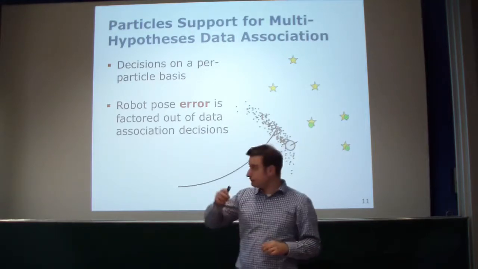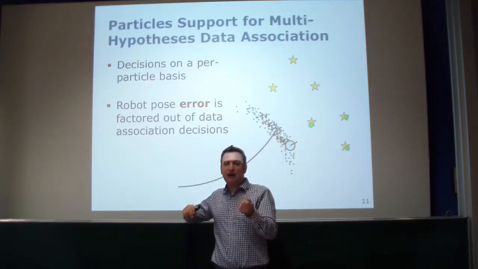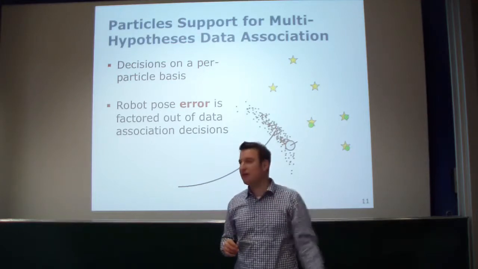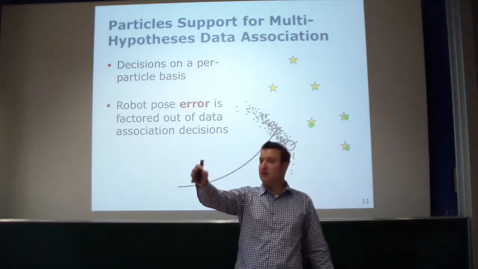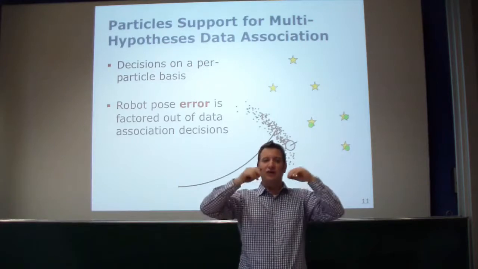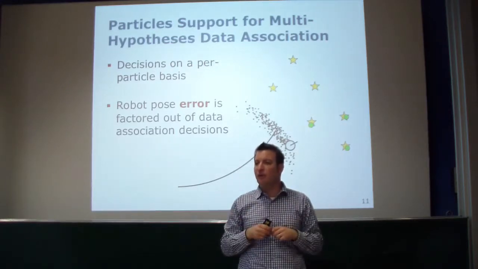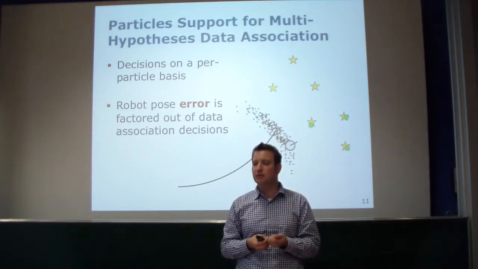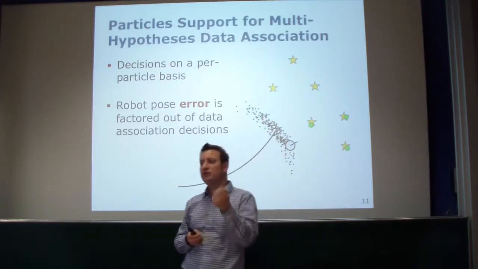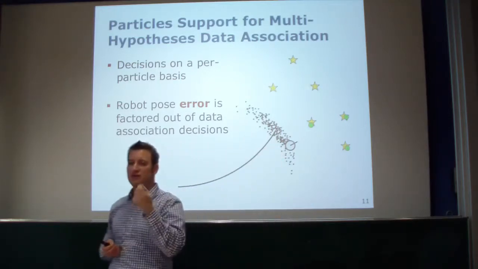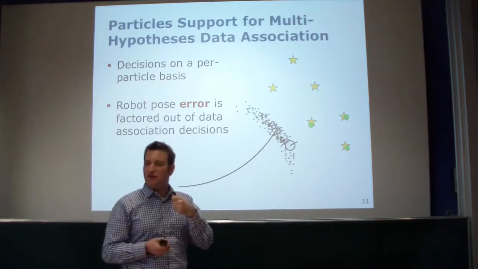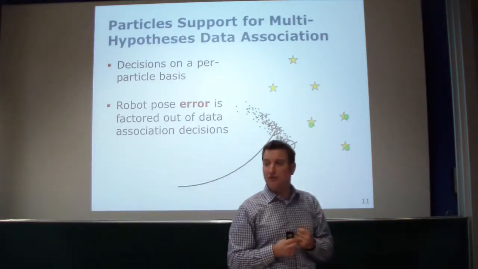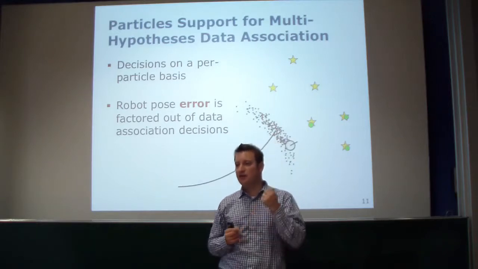So, since every particle says, I did the right job, everyone else is wrong, it says, for me, this is the data association. The pose estimate is not existing anymore in the data association problem for an individual particle. The individual particle only reasons about, let's say, the noise in the observations, and maybe the error or uncertainty it has in its estimate so far, and can make the data association based on that.